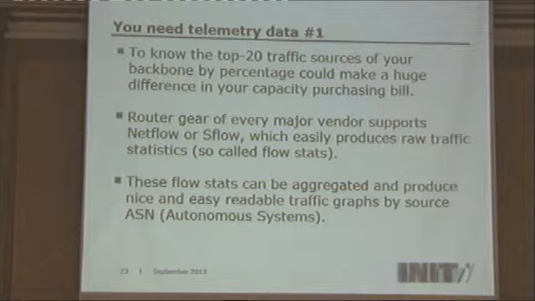And as Paolo already explained, every router of every major gear vendor supports NetFlow or sFlow, and this easily produces raw traffic statistics. So you can use pmacct, or you can use NfSen or whatever. So you get flow stats. And these flow stats can be aggregated, and they can produce nice and easily readable traffic graphs by source ASNs.